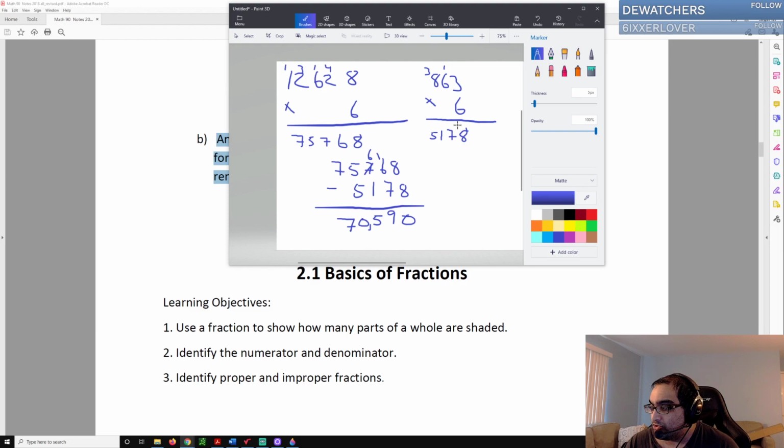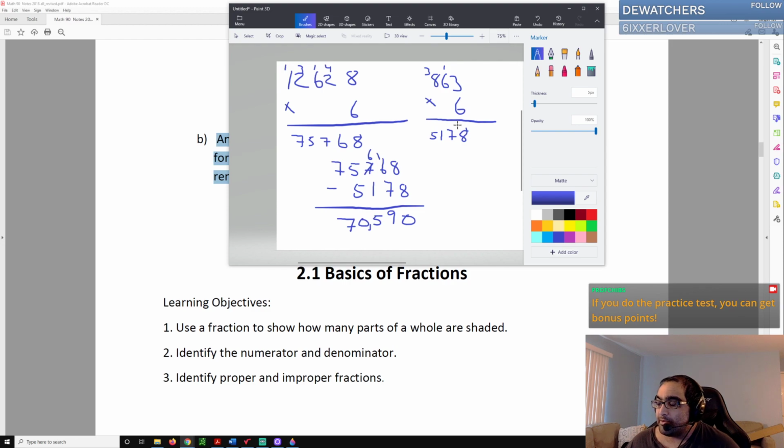So if you do the practice test, you can get bonus points. People talk about where can I grab bonus points? Well, here's our first opportunity to do so. If you do the practice test, bonus points are on the table.